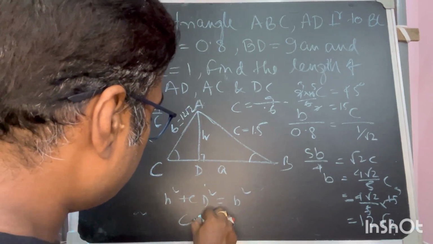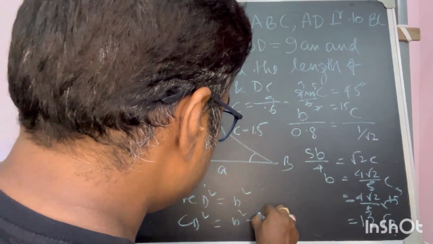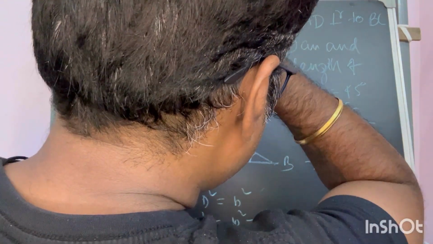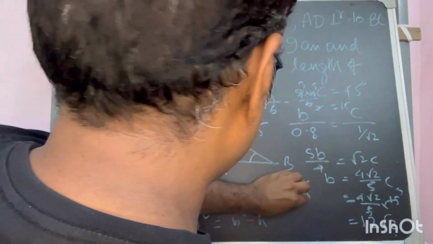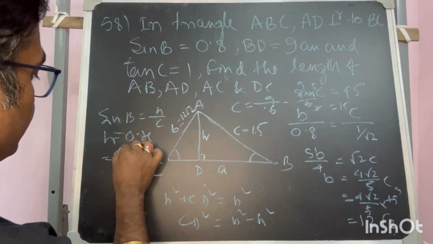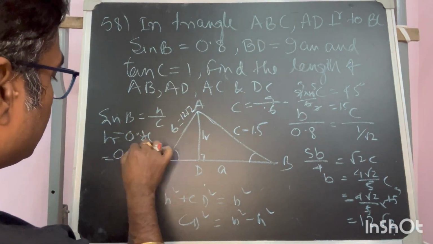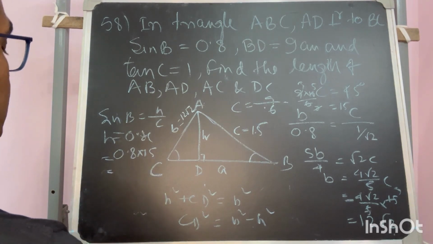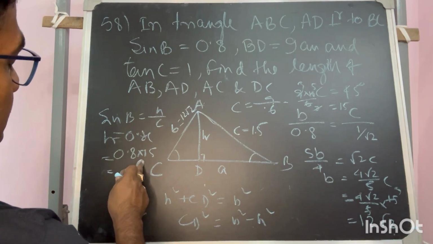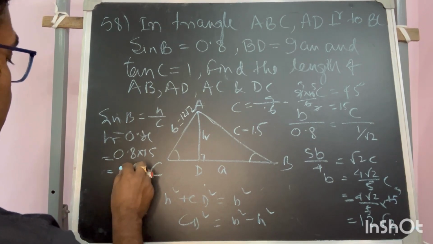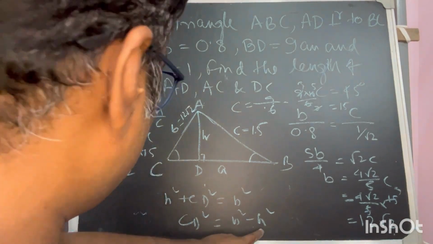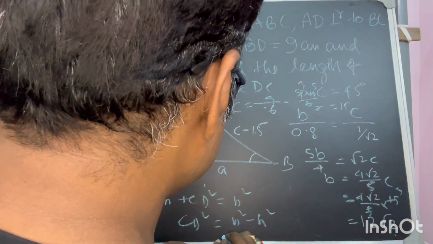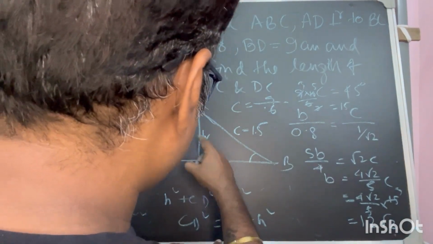So CD square is equal to B square minus H square. H I already calculated: H is equal to 0.8 into 15, 8 into 15 is 120, means 12. So H is equal to 12, and B is 12 root 2.